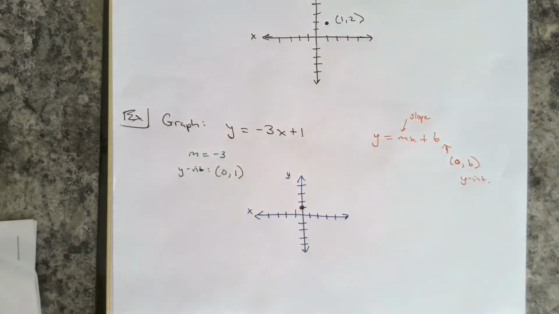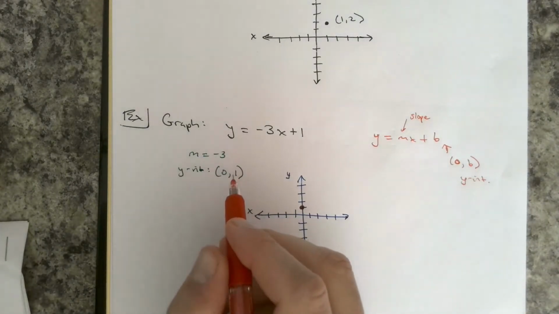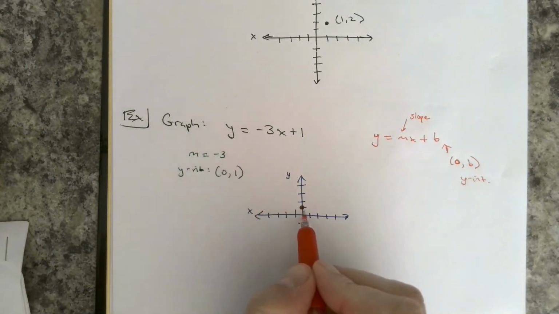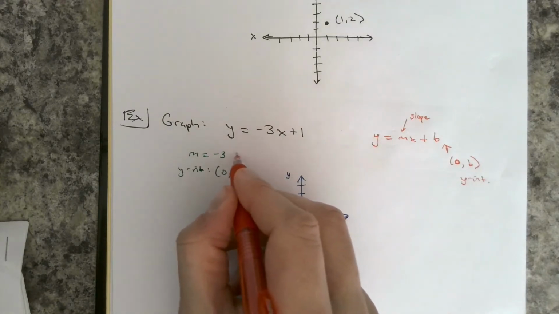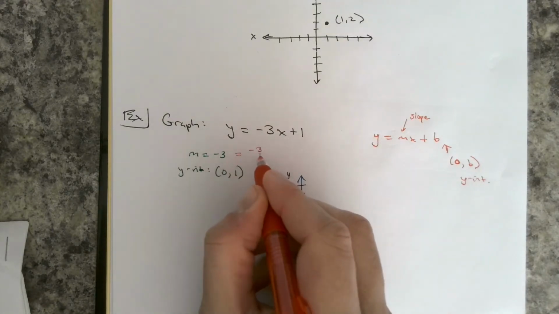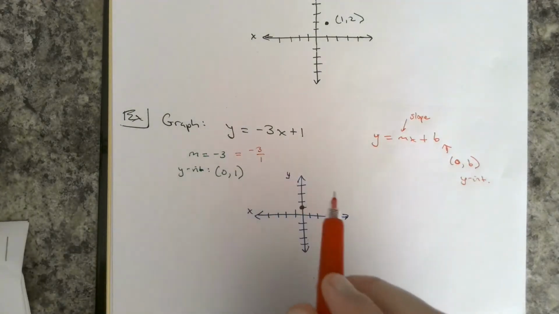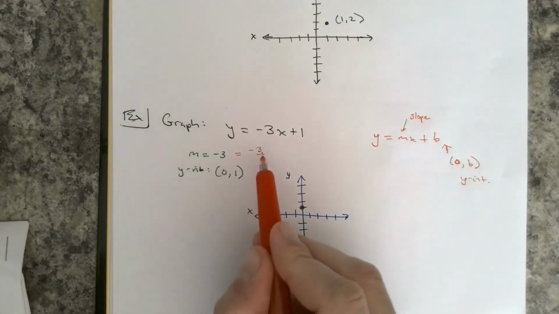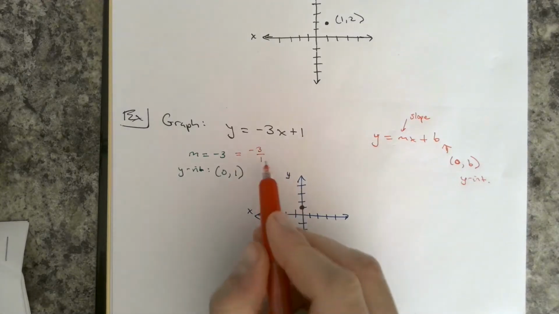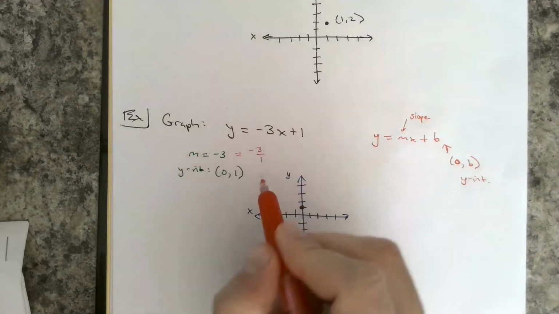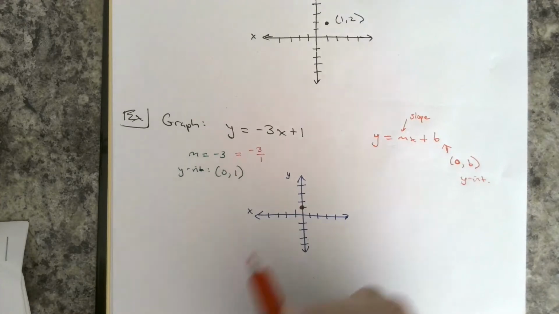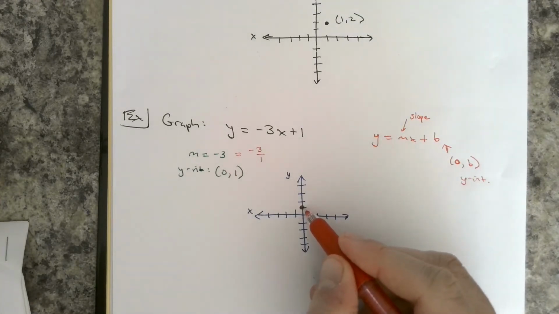And your slope is giving you directions. It's telling you how to move to the next point from the point you've already plotted. So if the slope is negative 3 as a fraction, we write that as negative 3 over 1. And remembering what the slope tells you, the numerator tells you about the change in y, the denominator tells you about the change in x. So the numerator's got a negative 3 there, so that's telling you to move down 3 because that's the change in y.